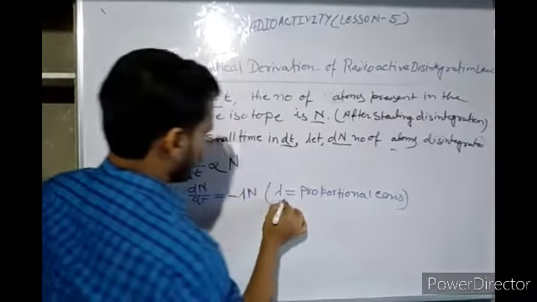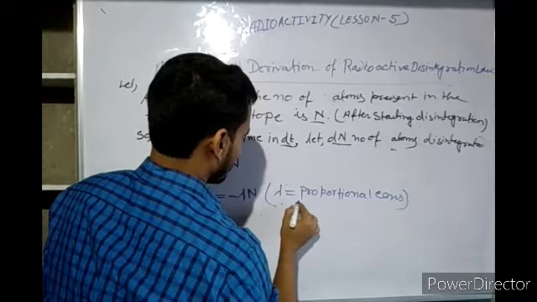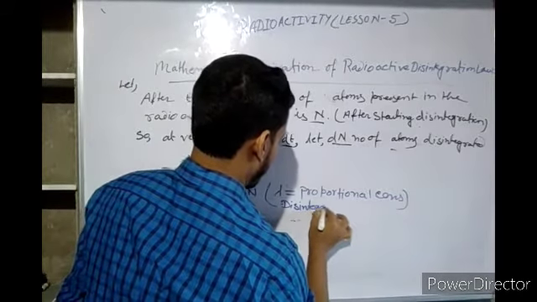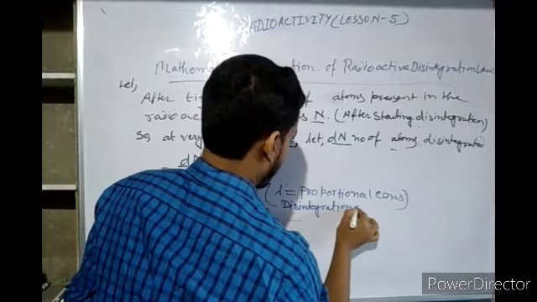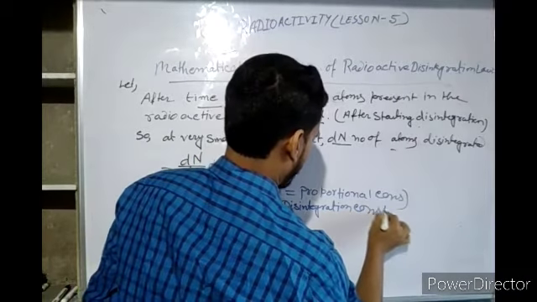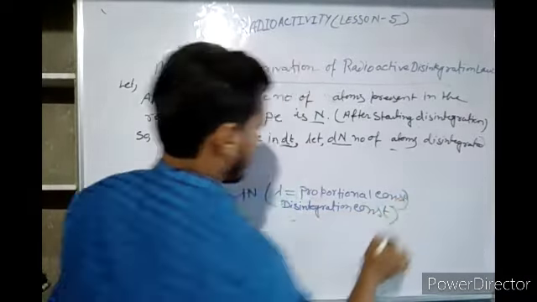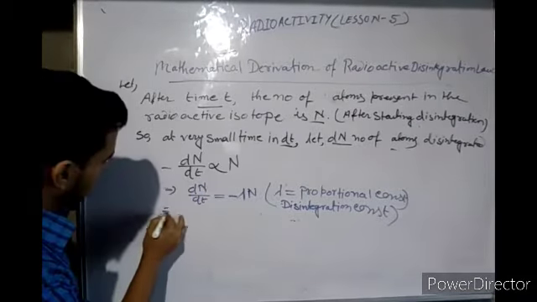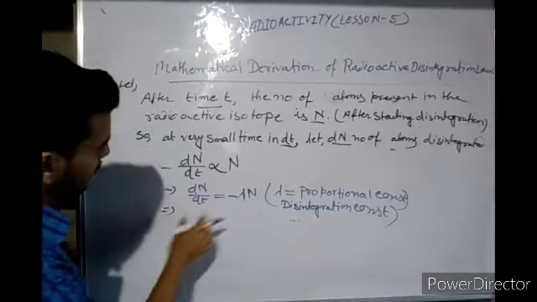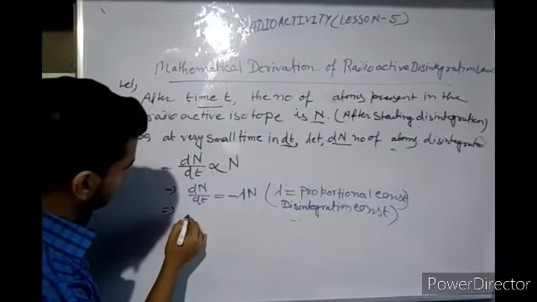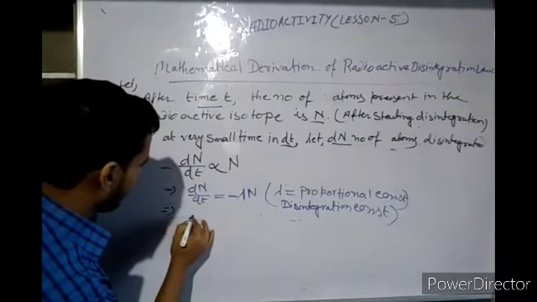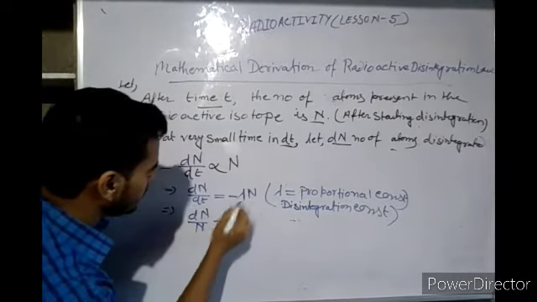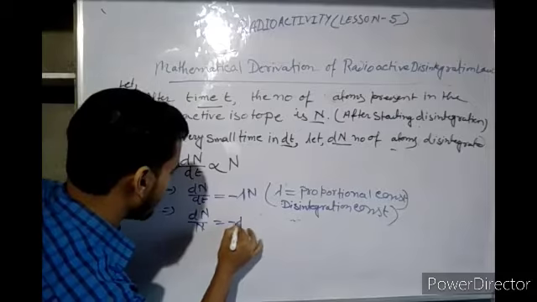Which is known as the disintegration constant. Okay. If we rearrange the equation, dN by N equals minus lambda dt.